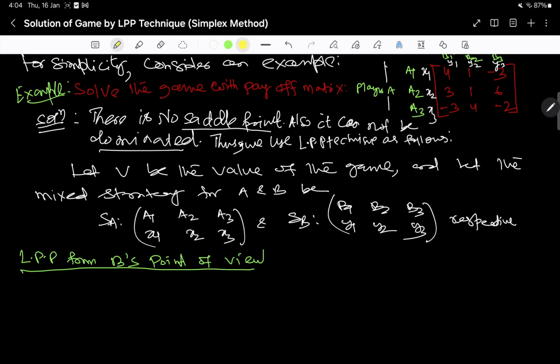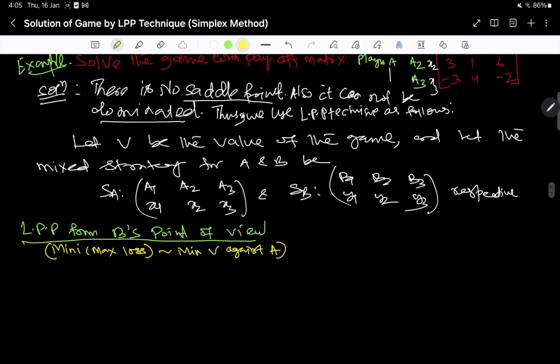B wishes to minimize the maximum loss, is it not? That means I say minimize V, right? Against A. So this is the objective of your player B.